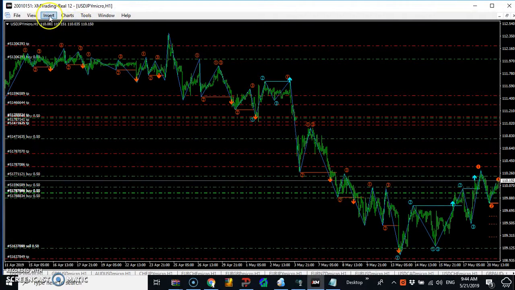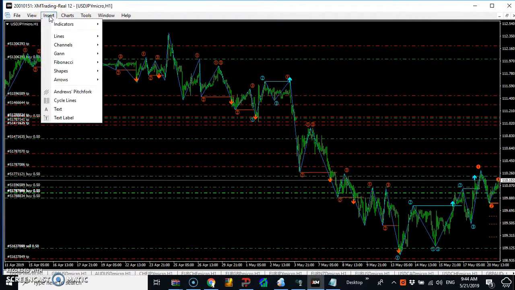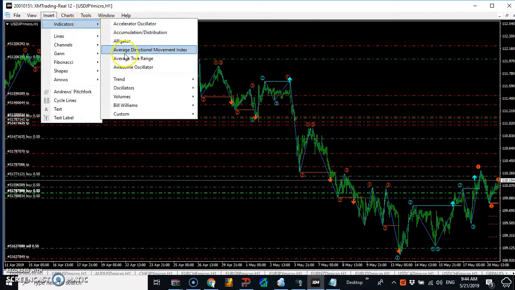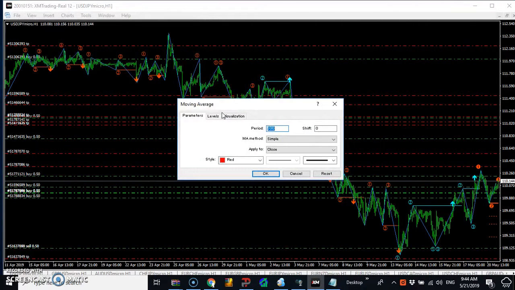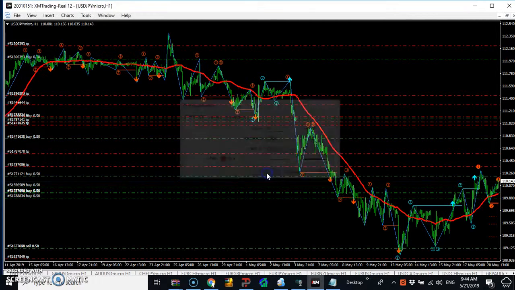But then, let's say we want to insert a trend. In this case we insert a moving average. In this example, let's use 50.